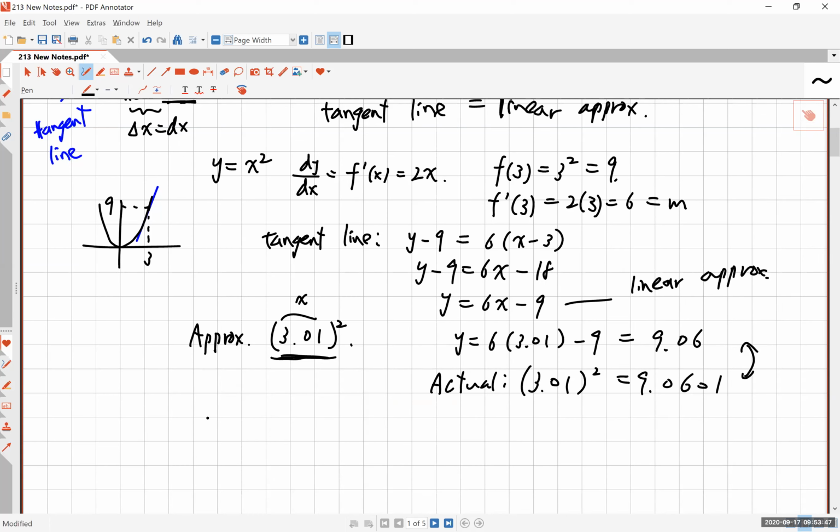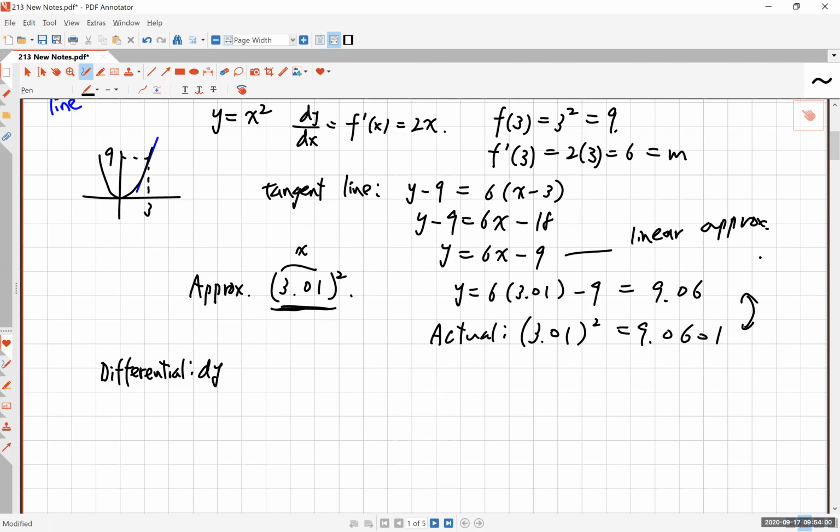Also, there's another idea called dy, this is called the differential. Now, the reason I am reviewing all this is because you will see pretty much exactly the same thing when you add one dimension in our Calculus 3 class. So dy is the thing that approximates delta y.